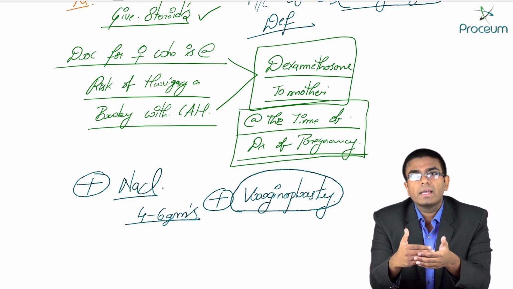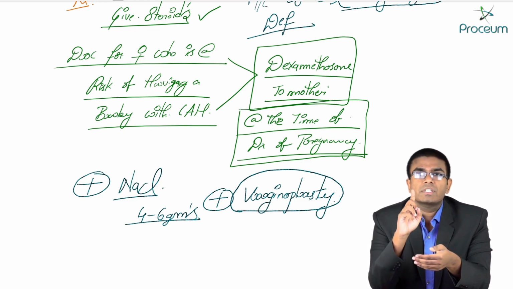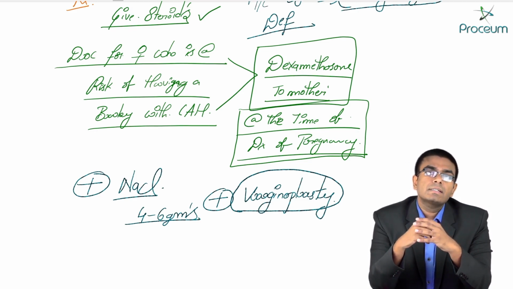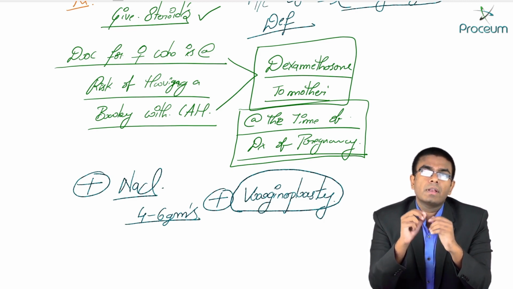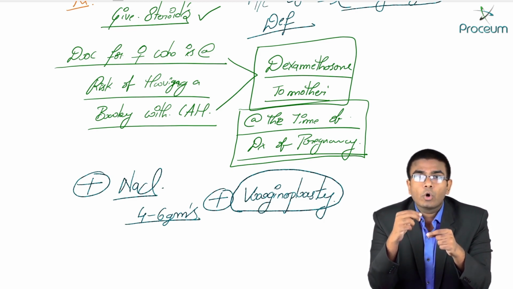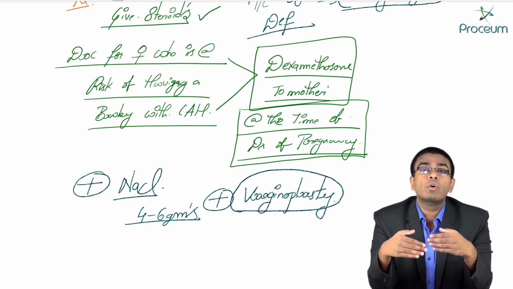So the levels of 17 hydroxyprogesterone will increase. There is too much ACTH production, and this too much ACTH will stimulate the adrenal cortex, where cholesterol is converted into too much 17 hydroxyprogesterone.